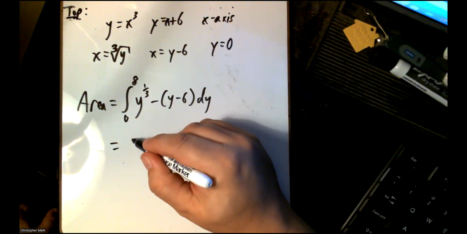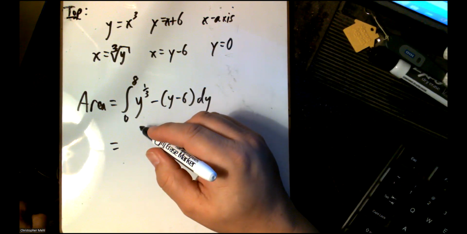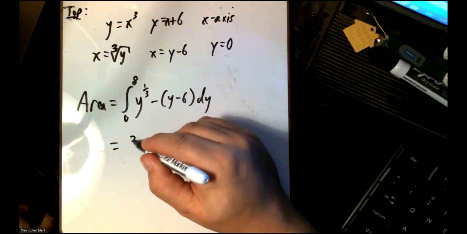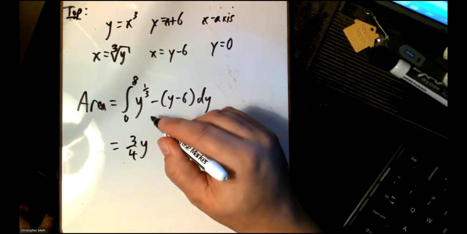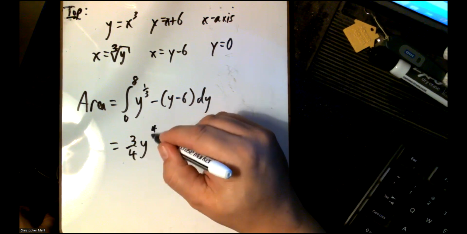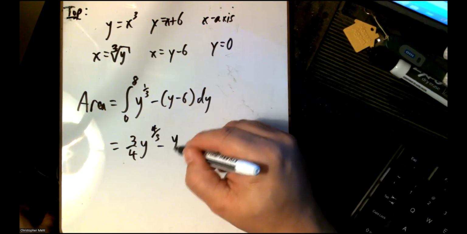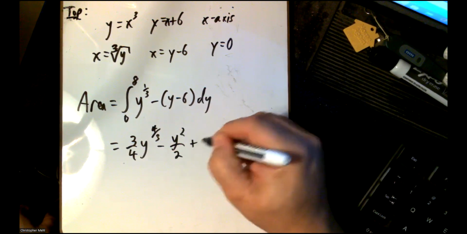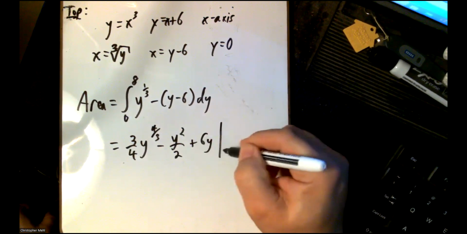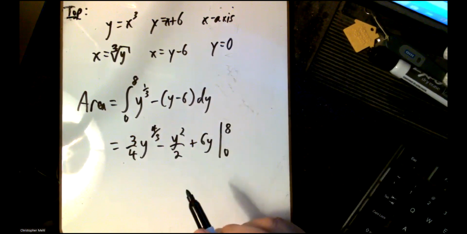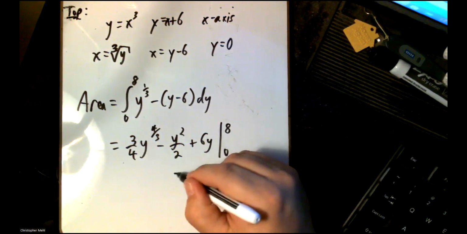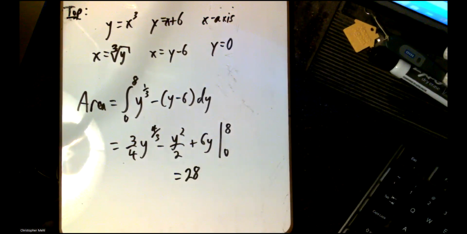And so I would use the same rules as before. So 3/4 y to the 4/3 minus y squared over 2 plus 6y, all evaluated between 0 and 8. That would work out to be 28.